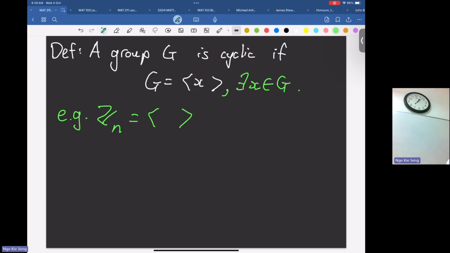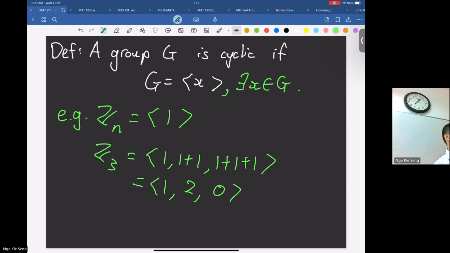One element can build everything. One is the generator; you can use one to build everything. For example, in Z3, we have 1, 1 plus 1, 1 plus 1 plus 1, which is 1, 2, 0. One can build everything, so this is a cyclic group.